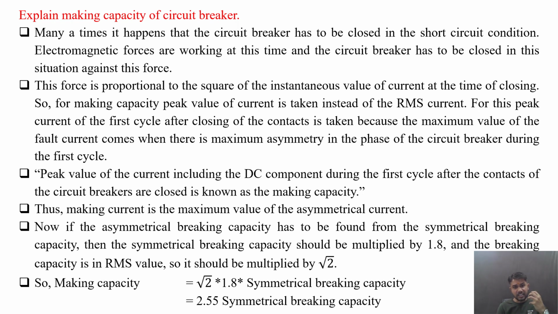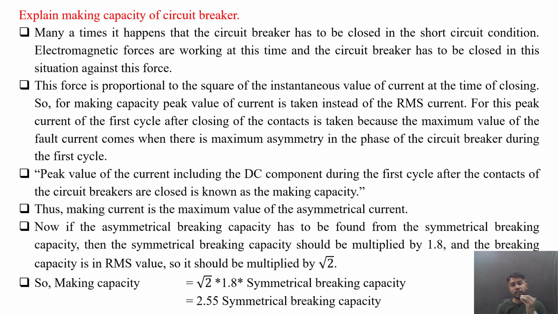Now, if the asymmetrical breaking capacity has to be found from the symmetrical breaking capacity, then the symmetrical breaking capacity should be multiplied by a factor of 1.8. The breaking capacity is in RMS value, so it should be multiplied by root 2. So the making capacity can be found as root 2 multiplied by 1.8 into the symmetrical breaking capacity.